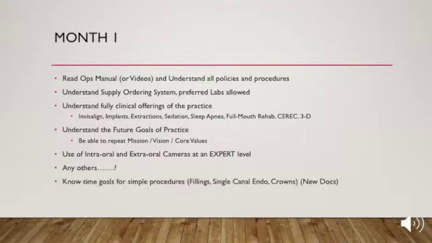And then the next would be know any time goals for simple procedures. This would be for fillings, single canal endo, crowns. If they're a newer doctor, they're going to be slower at this, and so they need to at least know what they'll be expected of doing by 3-6 months time period.